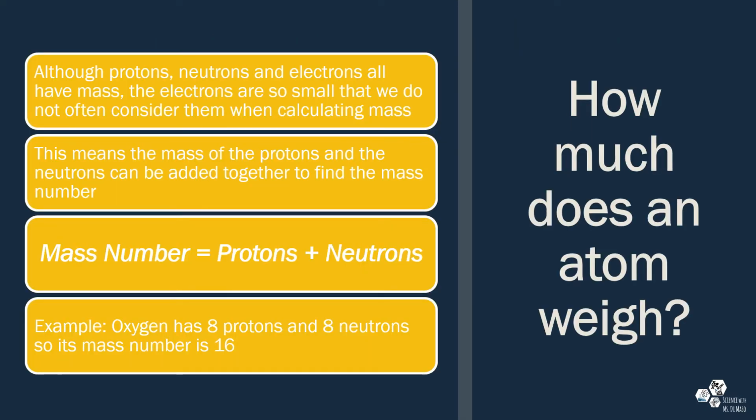So how much does an atom weigh, and how do neutrons play into all of this? Although all three subatomic particles have mass, the electrons are so small that we often don't consider them when calculating the mass. If you added all of them up and you use scientific notation to do the problem, it really wouldn't change all that much.